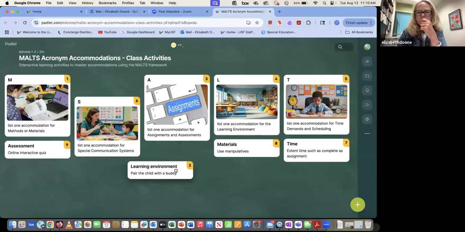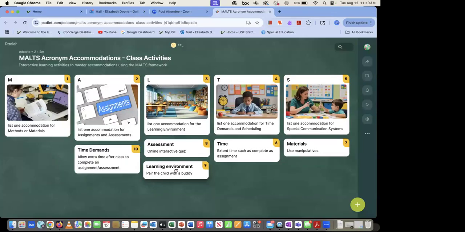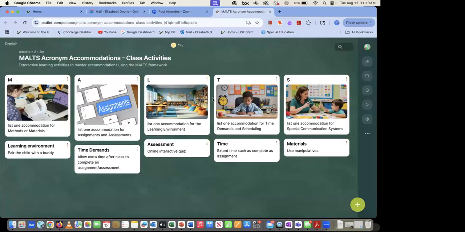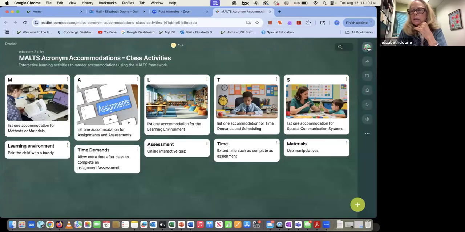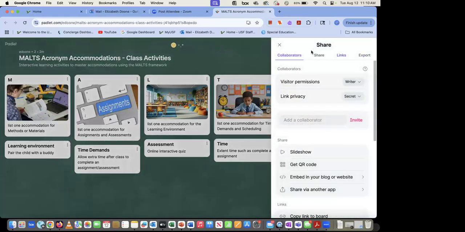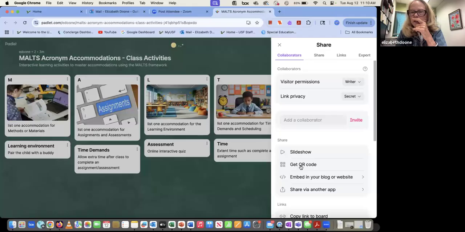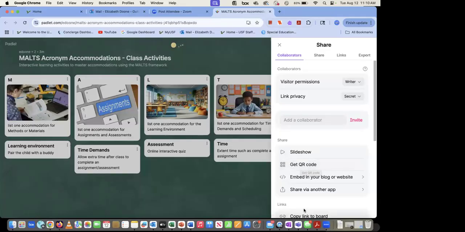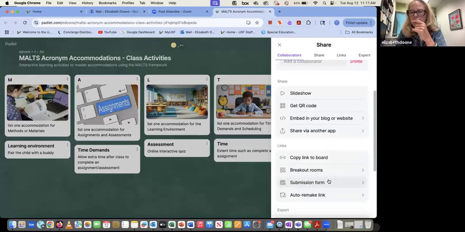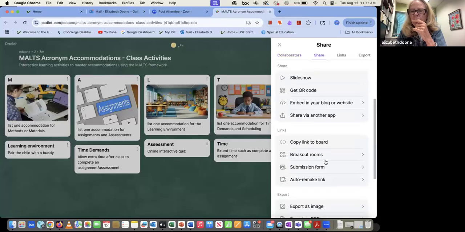I apologize. Betsy, are you able to put a link for the Padlet directly into the chat? Let me see if I can. If you can copy it right from yours and put it in the chat. Maybe I can. Okay, copy link.